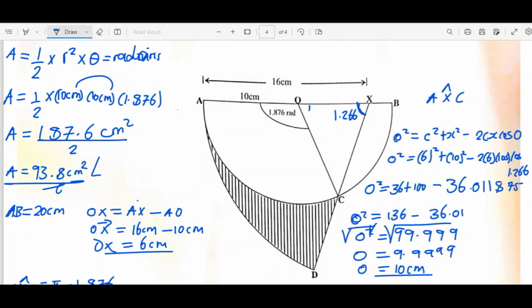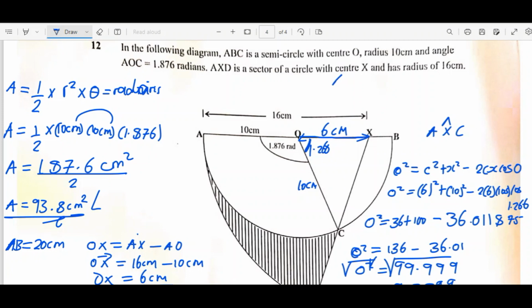Remember, this angle is given as 1.266. Let me get rid of this so that we don't confuse. And this distance is known. This is 6 centimeters, then this is 10 centimeters. So we can now use the sine rule to find that area. According to the sine rule, the area is half ab sine C, where a and b are the two distances.